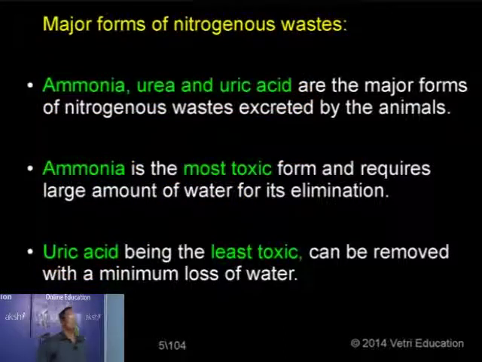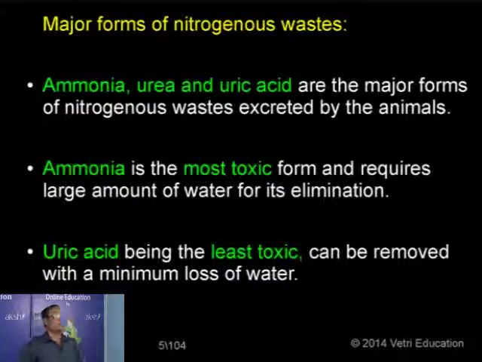Now that is about the different types of excretory organs found in different groups of organisms. Now let's proceed to the different types of excretory products. The three major nitrogenous waste products are: one, urea; two, uric acid; three, ammonia.